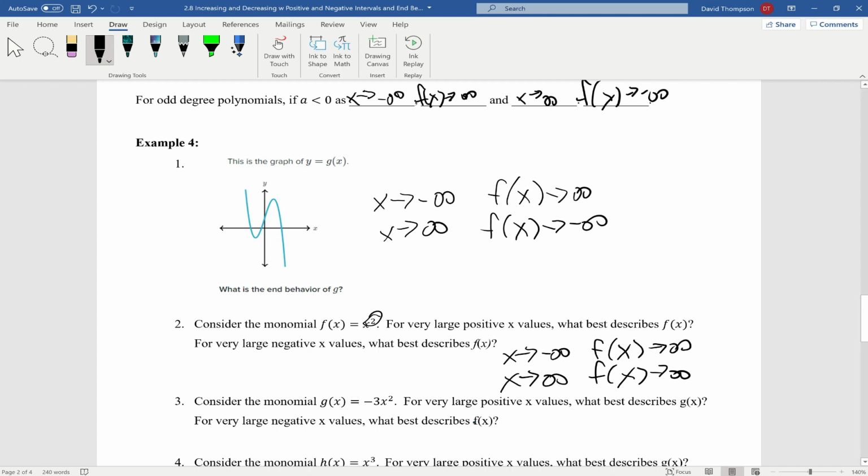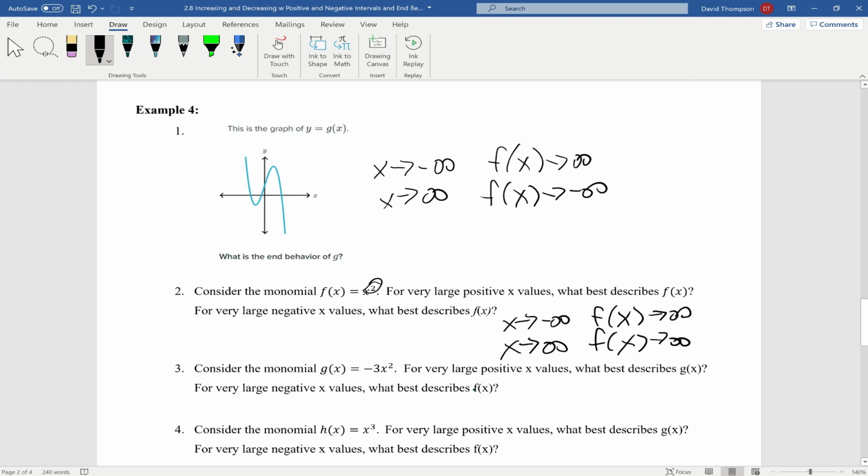Part 3, a is less than 0, so it's going to just be the reverse. It's answering the same question, just the end behavior. So x approaches negative infinity, f of x approaches negative infinity. As x approaches positive infinity, f of x approaches negative infinity, and we're done.